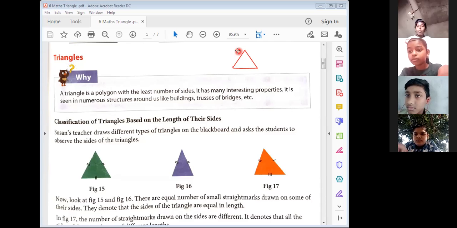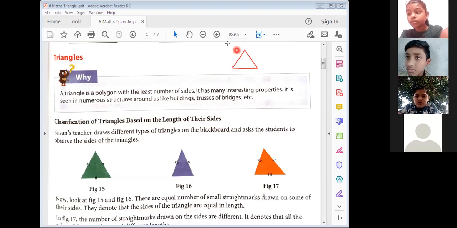As per you, the side of the triangle, ये जो side है ये आपका vertex है. क्यों अबिरल? ये आपका vertex है? Is it vertex? महक, you tell us बेटा, what is vertex?